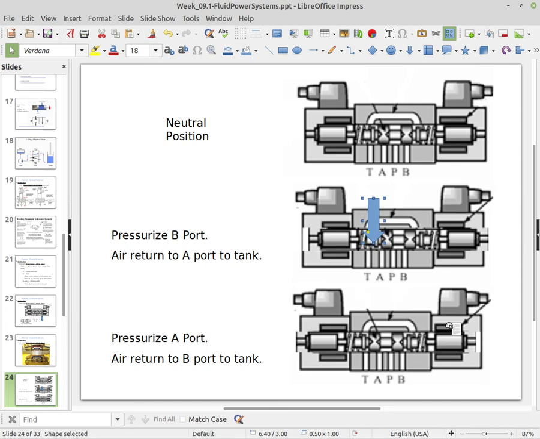And then if we energize it over here on the other side, it's allowing the pressure to go into A, and then B releases the pressure back into the tank.